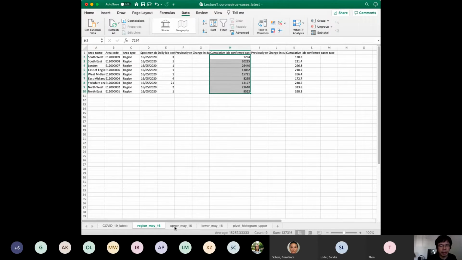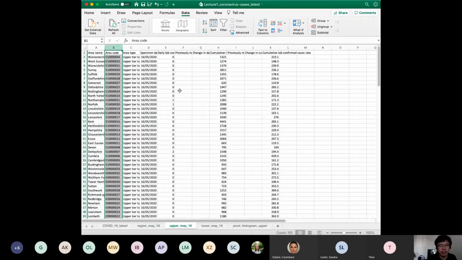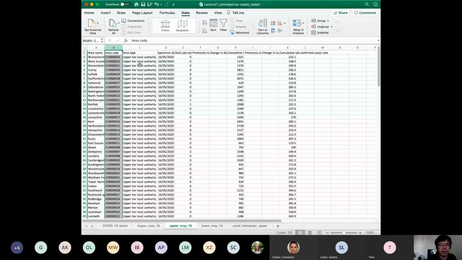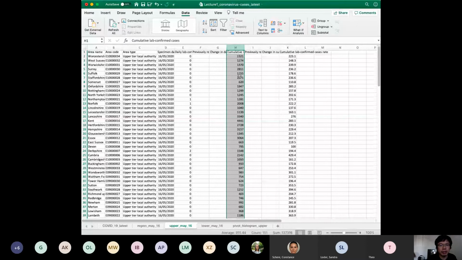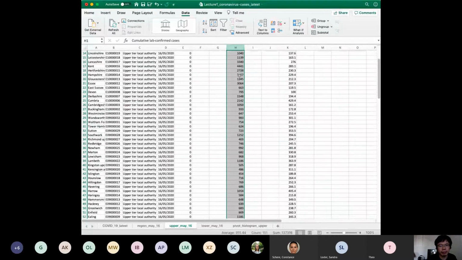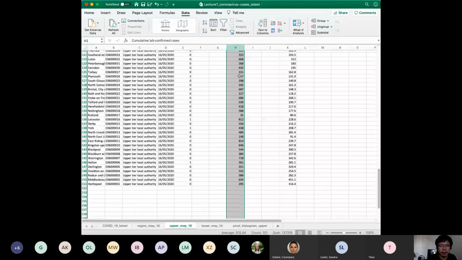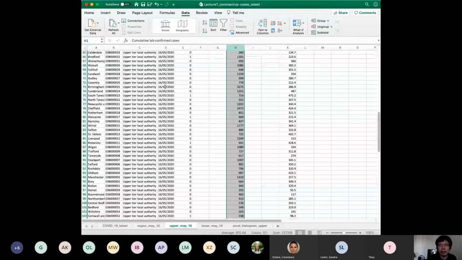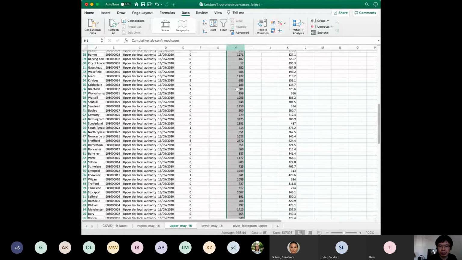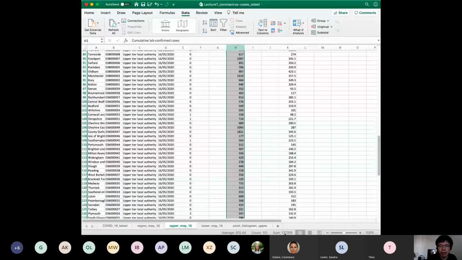Now, if you go to the next sheet, which is upper May 16th, we can see the variations in cumulative lab confirmed cases between different upper tier local authorities. There are a total of 150 of them in England, and you see that these numbers also add up to 173,316, the same as the previous region sheet.